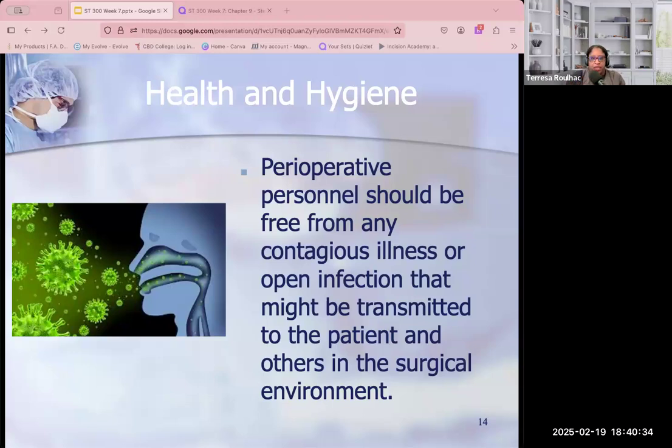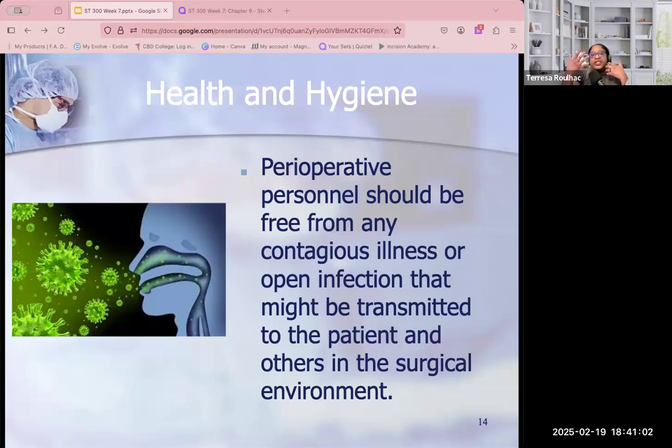Okay. Now, all perioperative personnel should be free from being sick, right? You don't want to bring something in and you're contagious, now you're spreading it. And you don't want to have your mask off because when you're coughing, our first instinct is to turn our head. And I'm not sure if I share this with you guys, but in the operating room, it's opposite. You stay forward because then whatever you're coughing is going to go back.